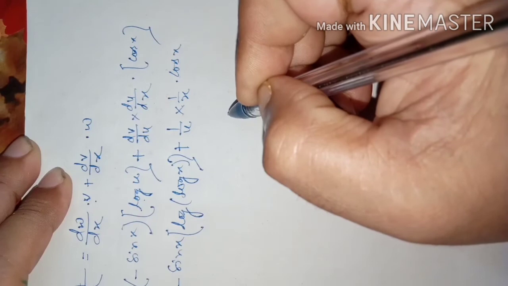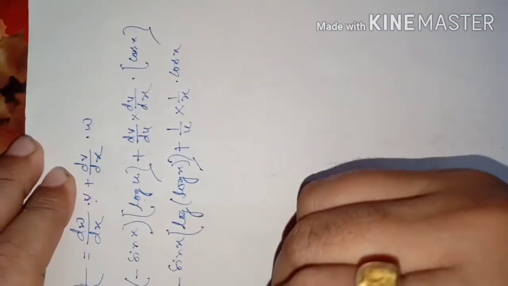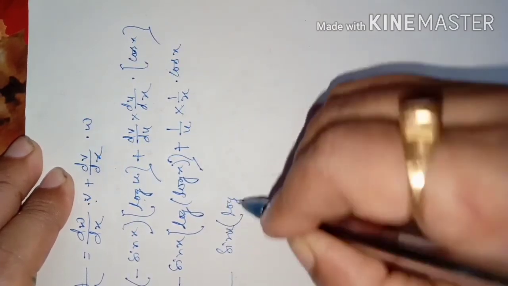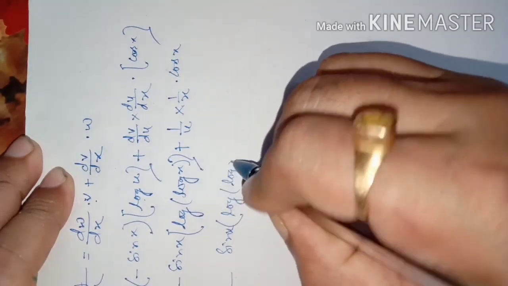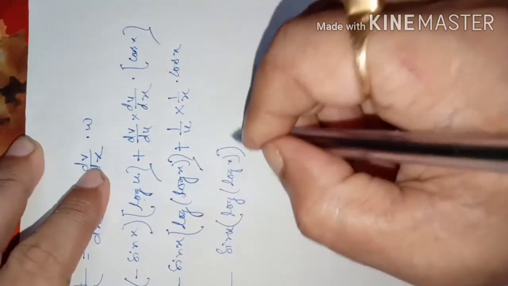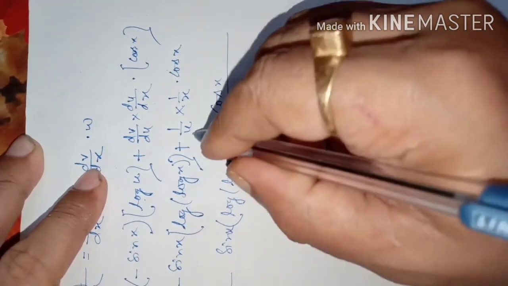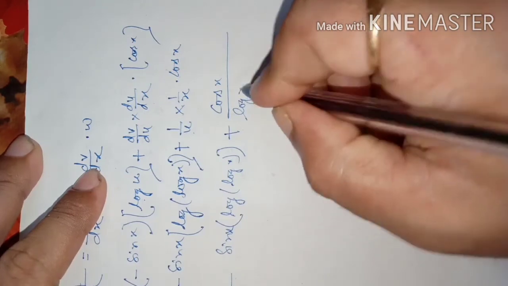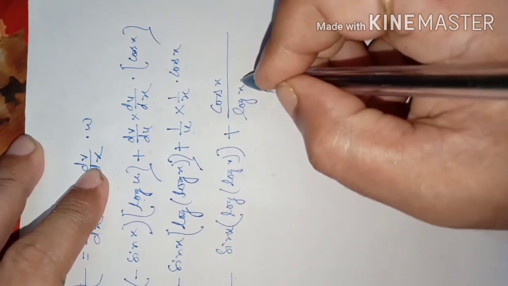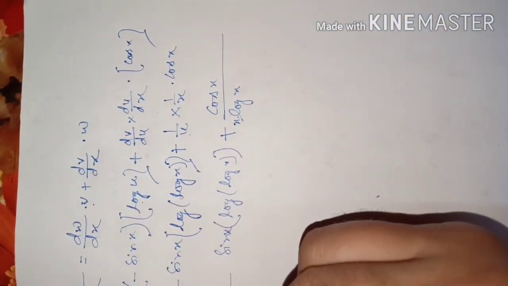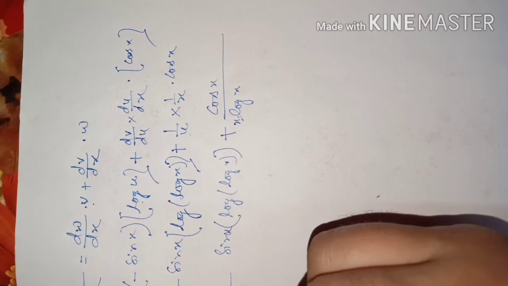Then u stands for log x. So minus sin x into log of log x, plus cos x by u, where u stands for log x, into x. So that x you write here. The final answer: it is actually 1 by y into dy by dx.